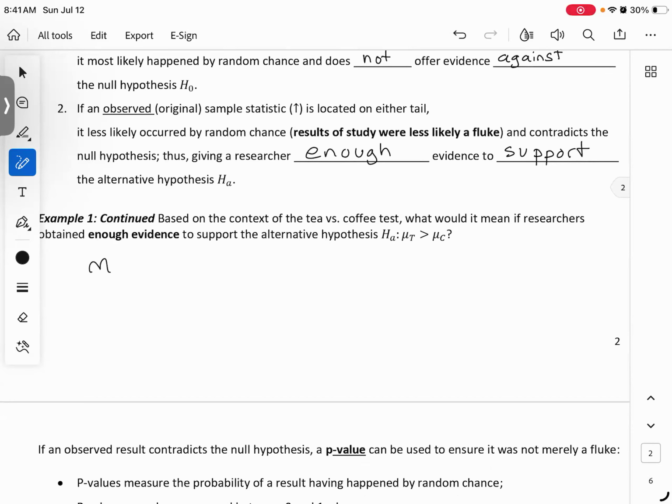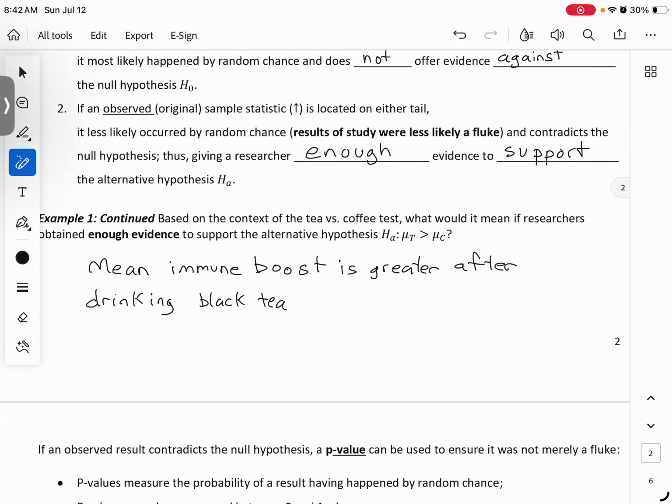It was trying to argue that the mean immune boost is greater after drinking black tea for 2 weeks than coffee.